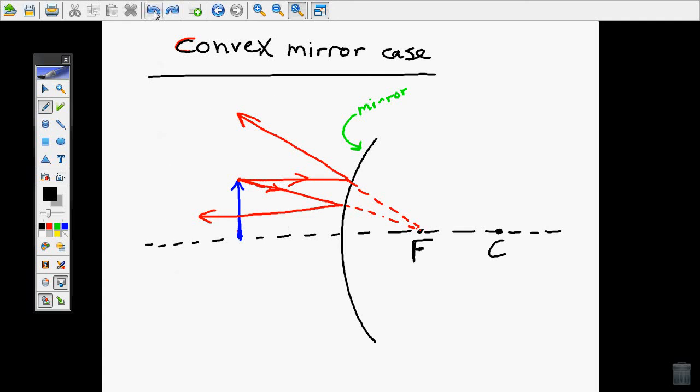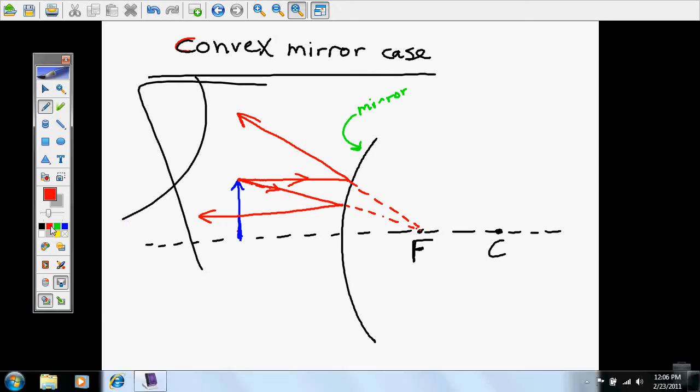However, if you put your eye in the light and look into the mirror, if your eye catches those reflected rays, your eye will be faked out and think the light came from where those light rays intersect if you extend them backwards.